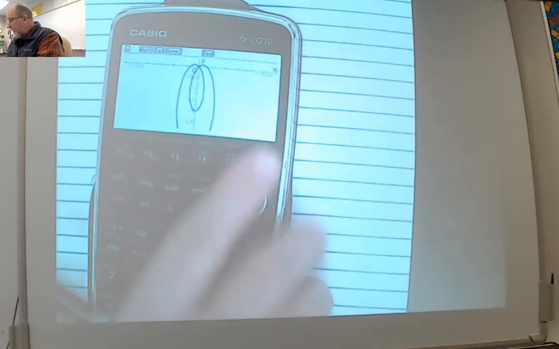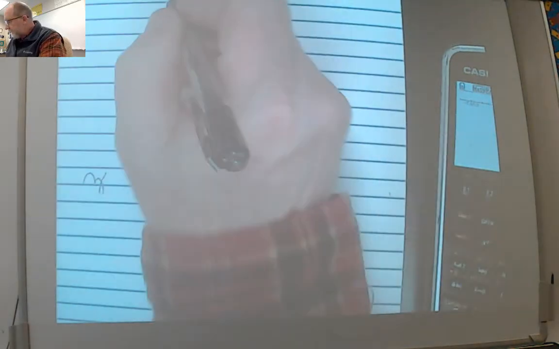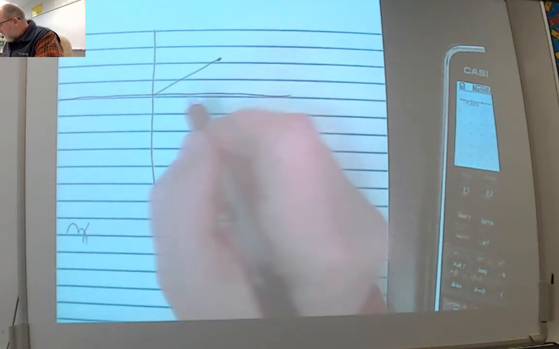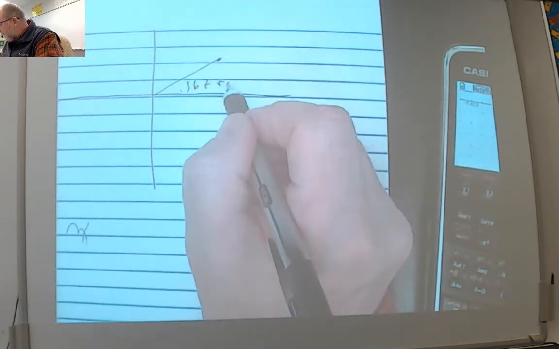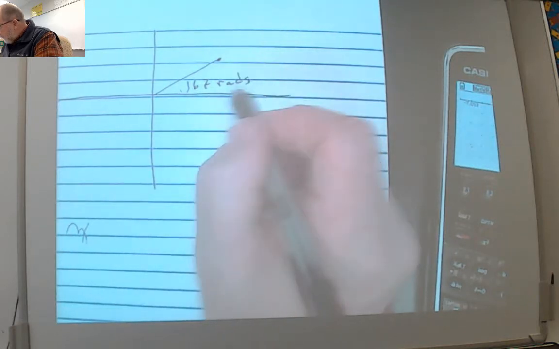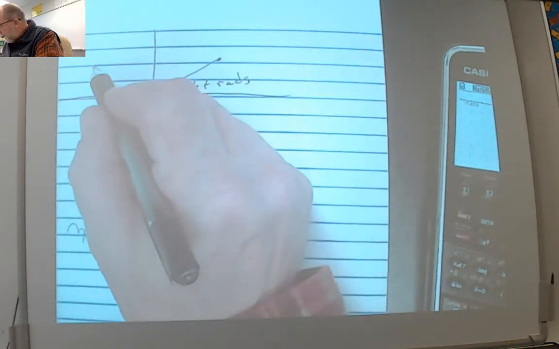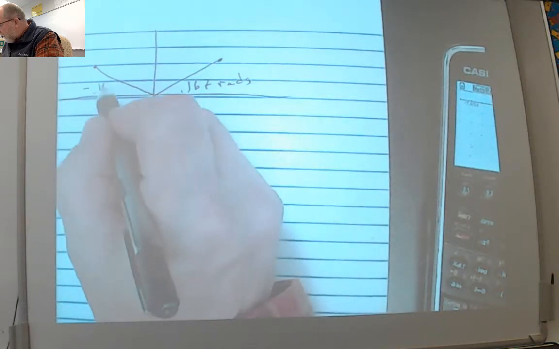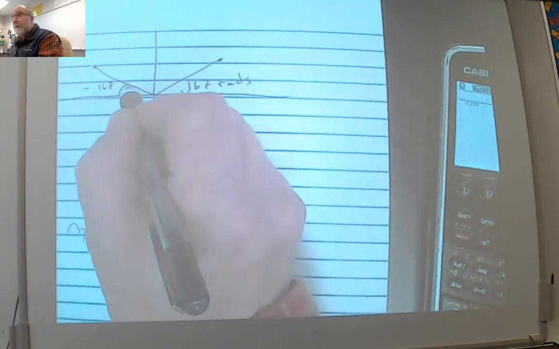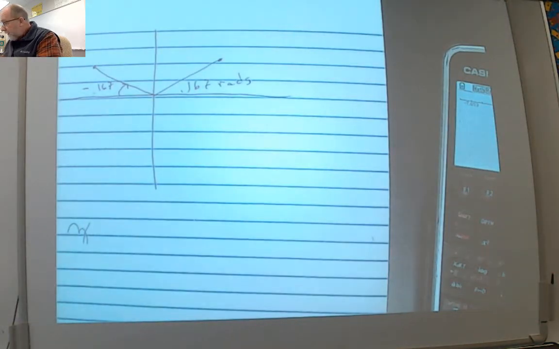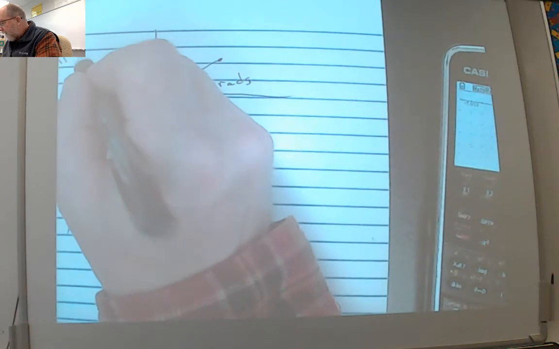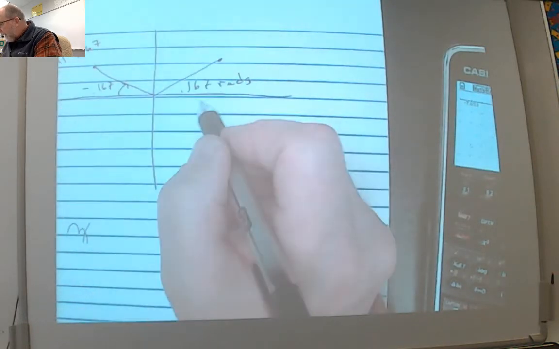Well, if you think about it, to get this point right here, I have 0.167 radians. And I want to get this point over here. Wouldn't this be a negative 0.167 radians going in this direction? So couldn't I say pi minus 0.167 to get to this angle right here?